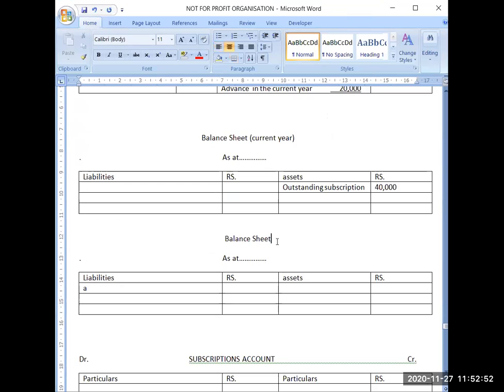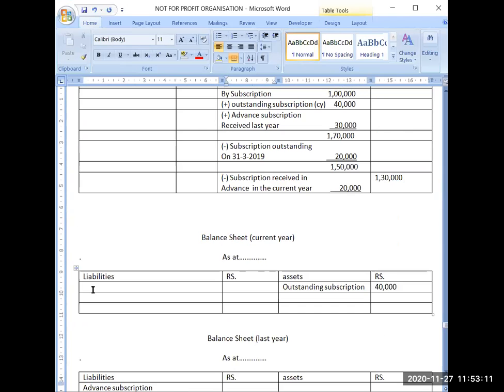This is the balance sheet for last year. Advance subscription, and it was 30,000.